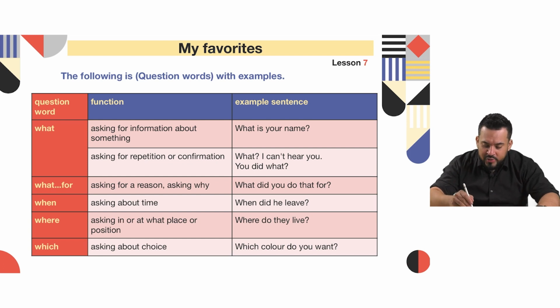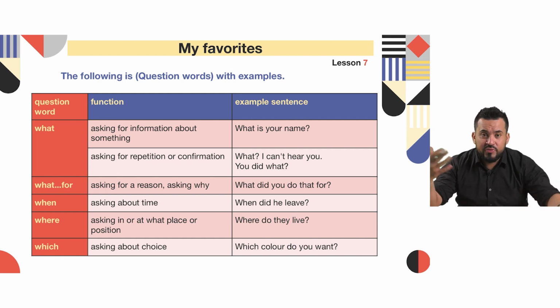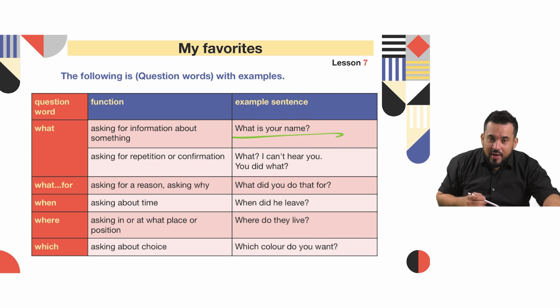What? When do we use what? We use what to ask for information. If you want to know information about something, we ask what. What is your name? What is your phone number?